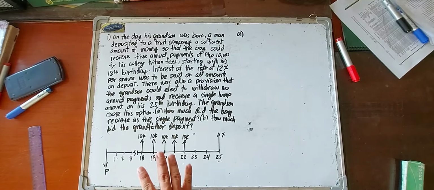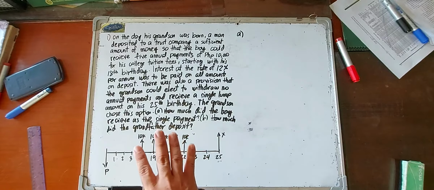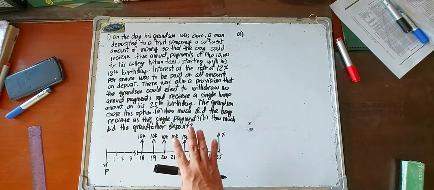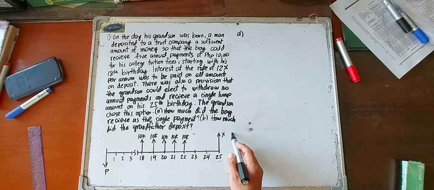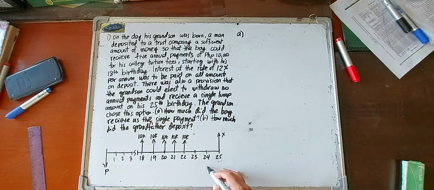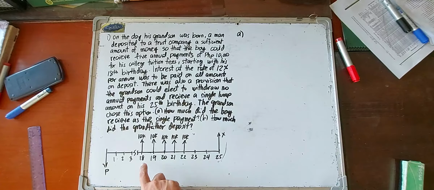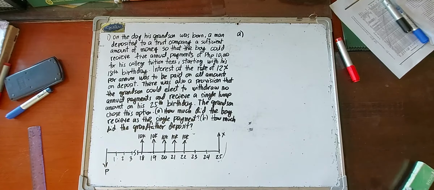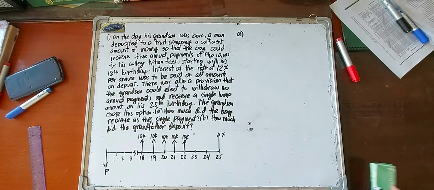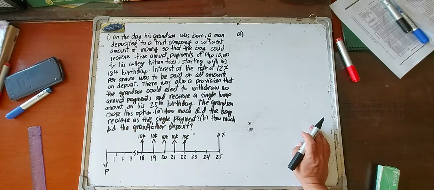That's the essence of economic equivalence. They are equal in terms of value. So yung value ng lump sum amount on the 25th year should be equal to the value of these periodic amounts on the 18th up to the 22nd year. So how do we do that? Where would we assign our focal point?